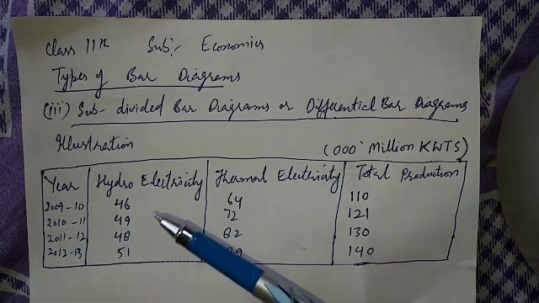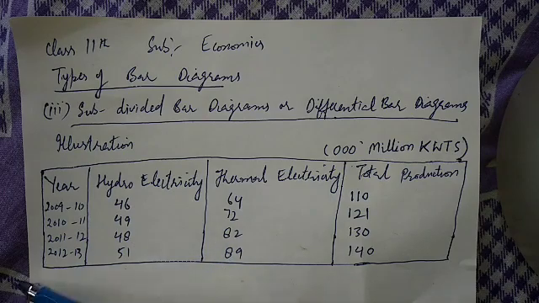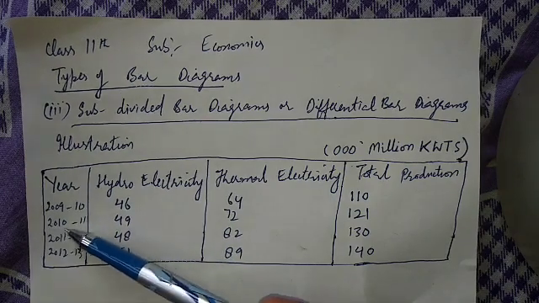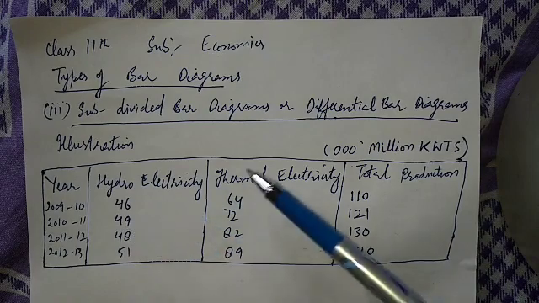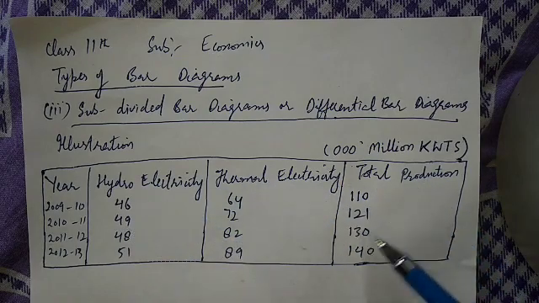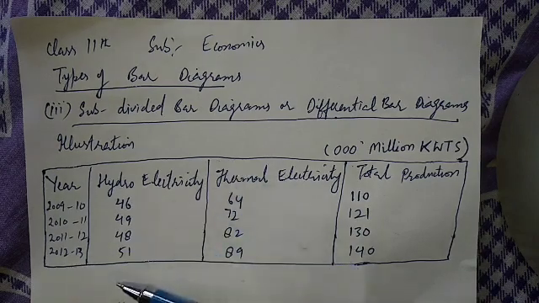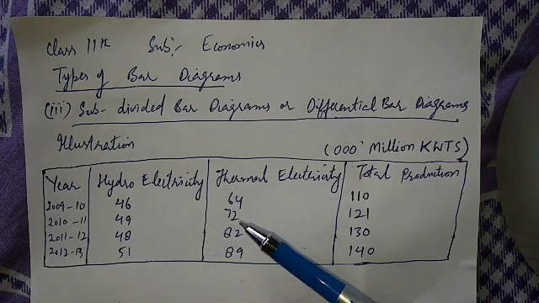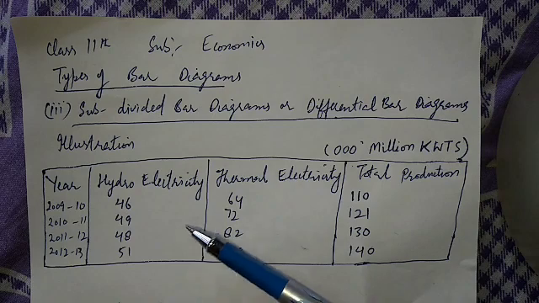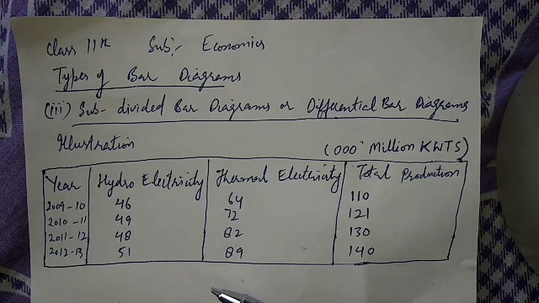Now same is the case here. In 2011 this is hydroelectricity 49, thermal electricity 72, total 121, and 2012-13 its hydroelectricity is 51 million kWts, and thermal electricity is 89 million kWts.